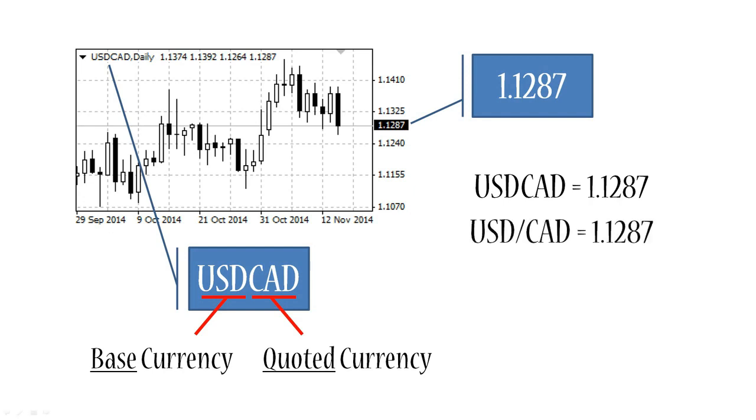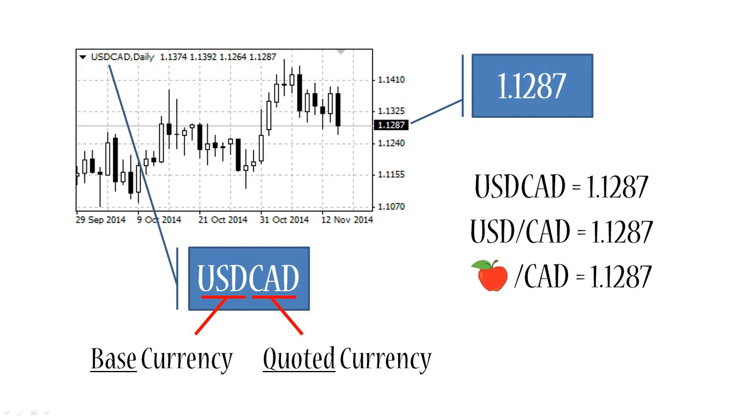1.1287. It's the same as putting a slash between the currencies, and now we can replace the US dollar and have apples. As you can see here, we are replacing the base currency with an apple, and it doesn't matter that it's the US dollar. There's nothing special about the US dollar in terms of forex charts. US dollar can be on the left side or the US dollar can be on the right side.